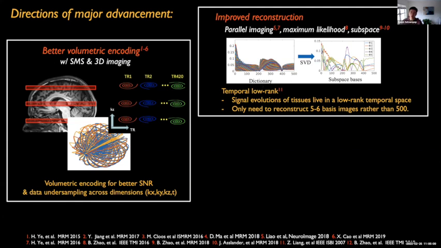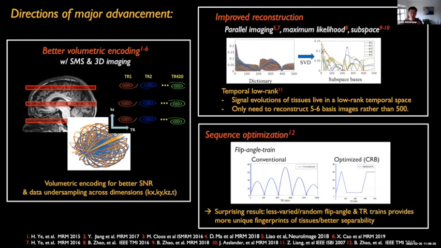So instead of having to reconstruct 500 different images, for example, in this MRF data acquisition, you only need to reconstruct 5 or 6 coefficient basis images of this temporal basis.